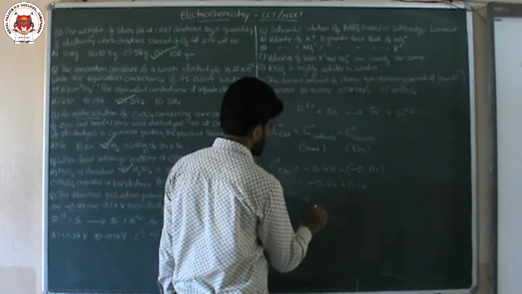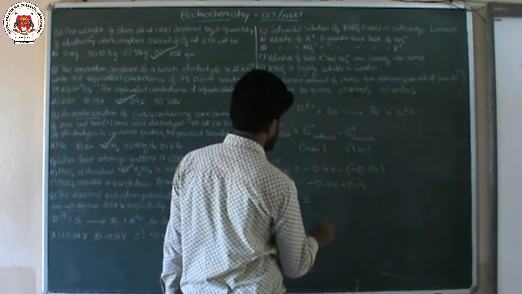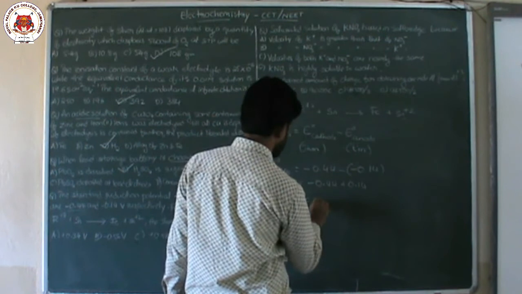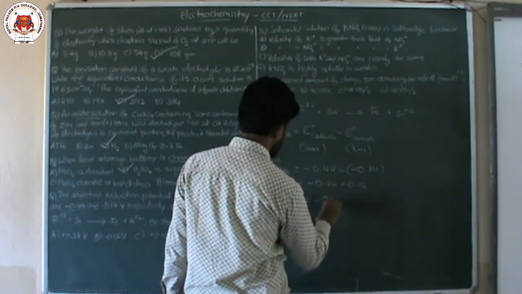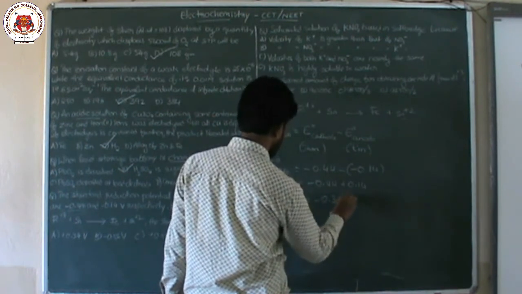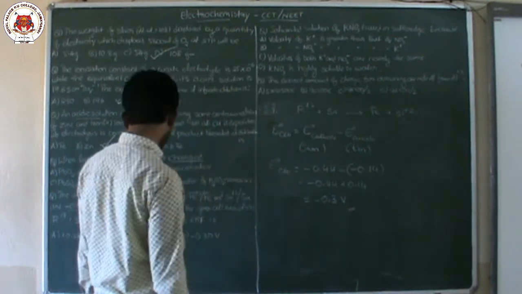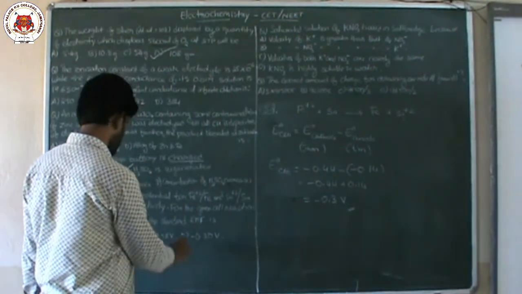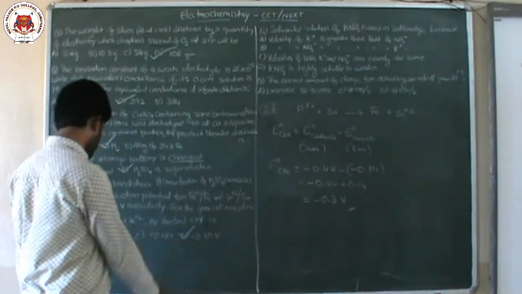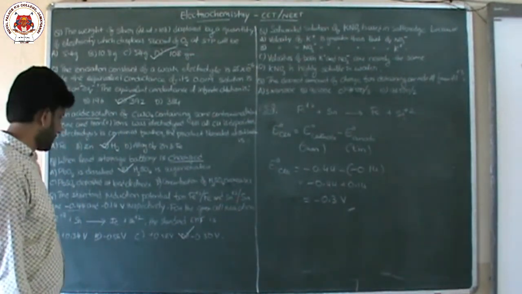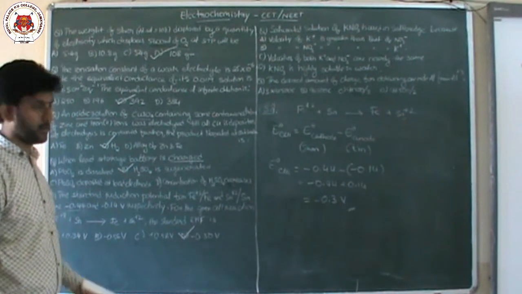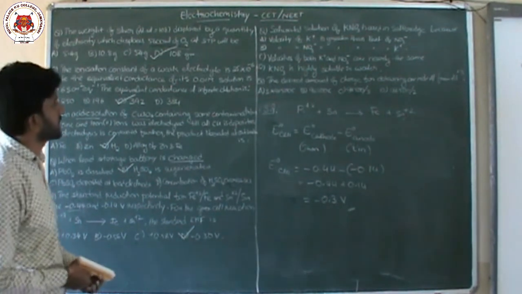That means -0.44 plus 0.14 will become minus 0.3 volts. Okay? Minus 0.3 volts. That is option D.